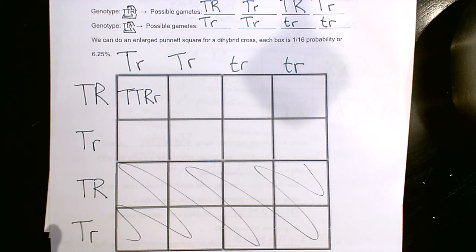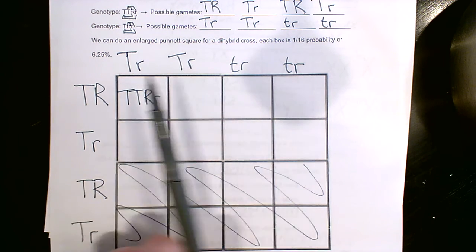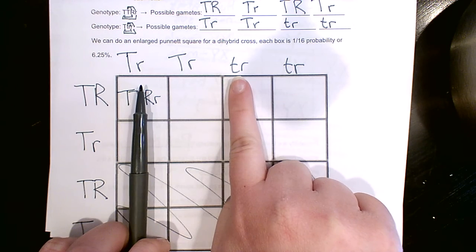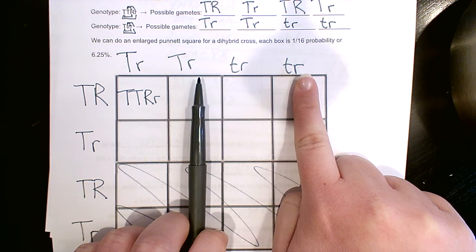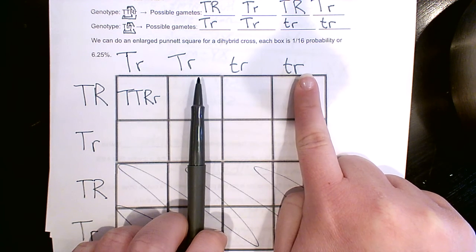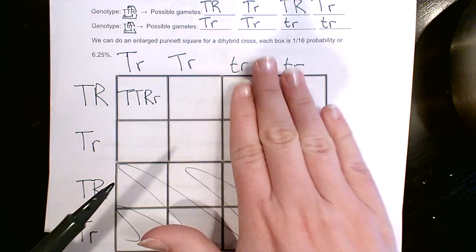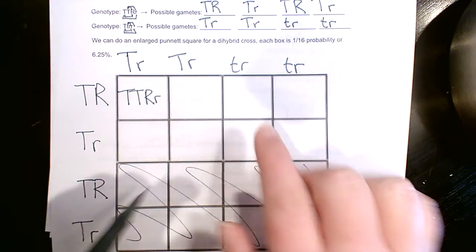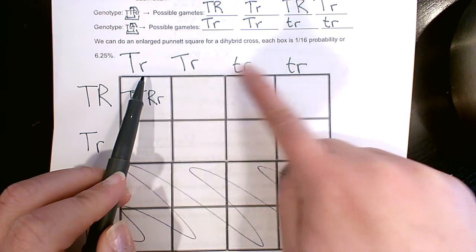And then I can do the same thing up here. These two are the same, and these two are the same, which means these two rows are going to be the same as these two rows. But be careful here that you don't cross out these two, because if I cross out these two, they would have a different result than these two. But I can cross out one of each since they're identical.